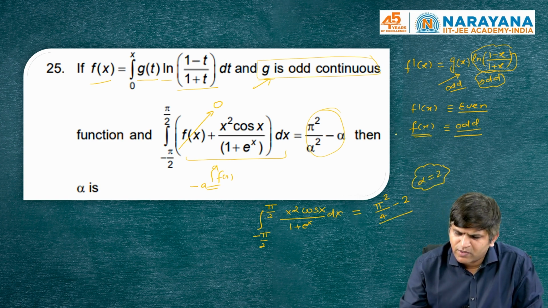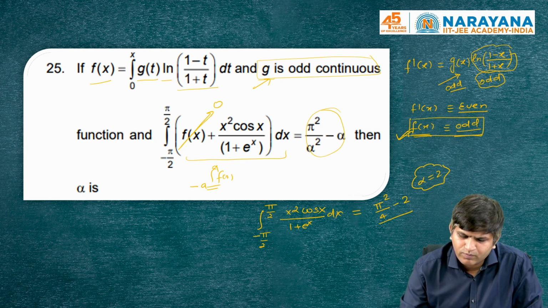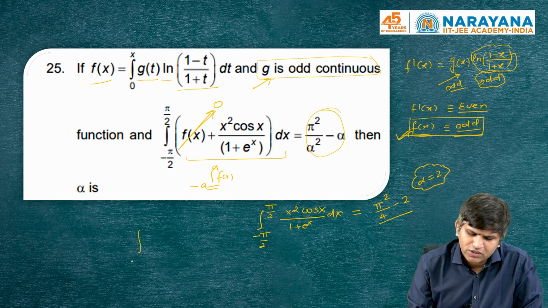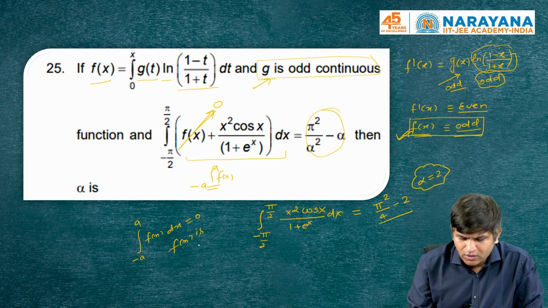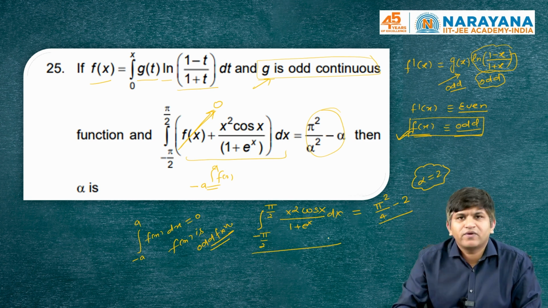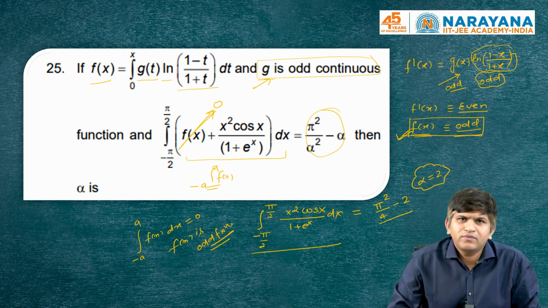Okay, so this part is important, that we have to find that if fx is odd, so this part we need not solve. By using this, that the integral from minus a to a of fx dx will be 0 if fx is an odd function. Okay, after this we can solve this integral very easily. So I hope this is clear to all of you.